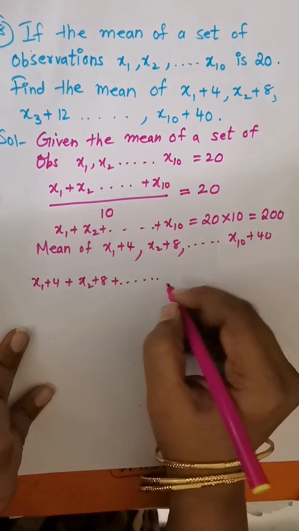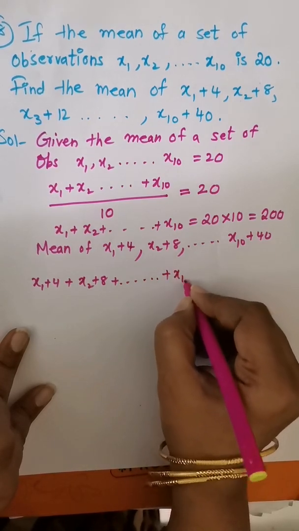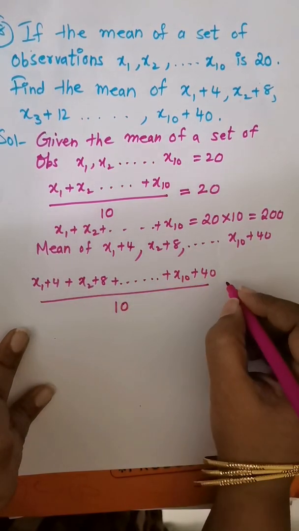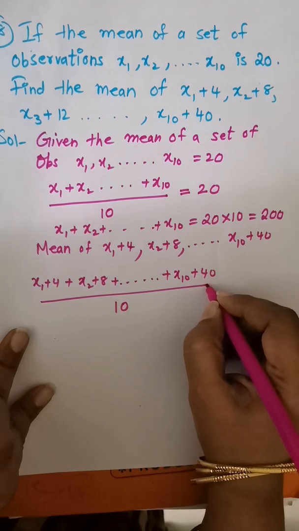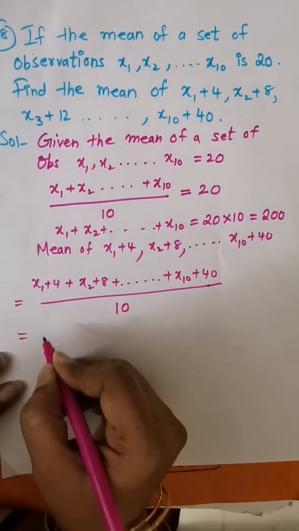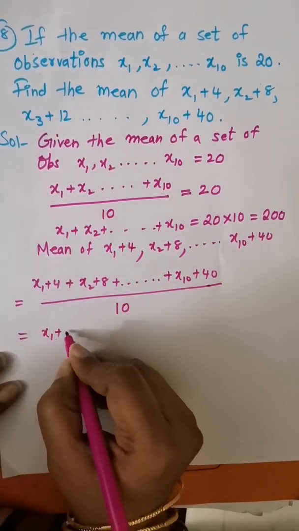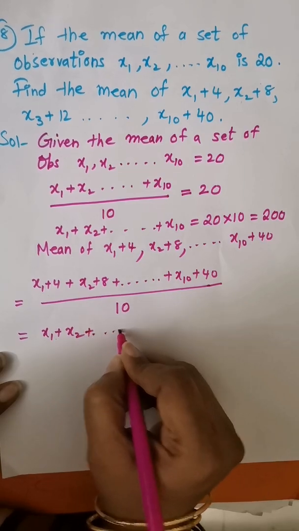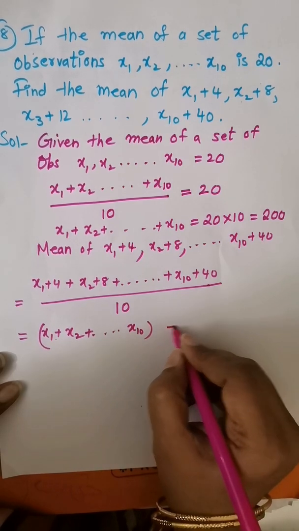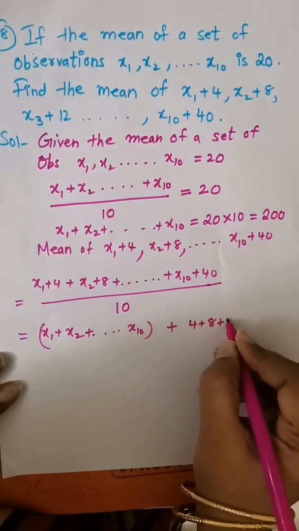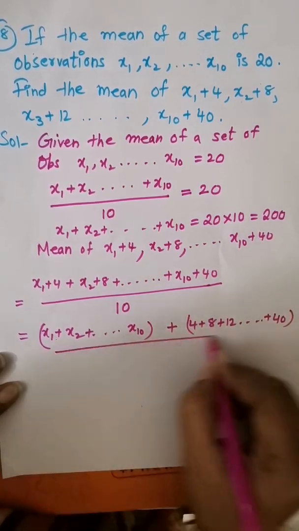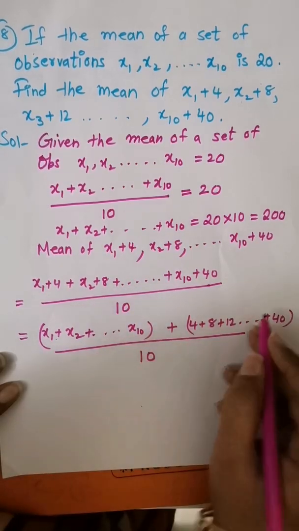The number of observations is 10. Here we will segregate x1 plus x2 plus ... x10, and add it together with 4 plus 8 plus 12 ... 4 tens are 40, by 10. Sum of observations by number of observations.